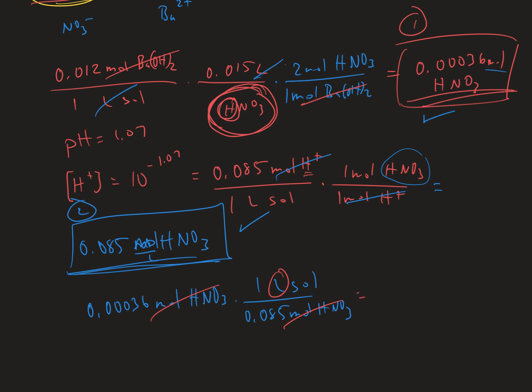And so we do 0.00036 divided by 0.085, and I get 0.004 liters. Maybe I should have it in milliliters because that's way tiny, right? 4 milliliters.